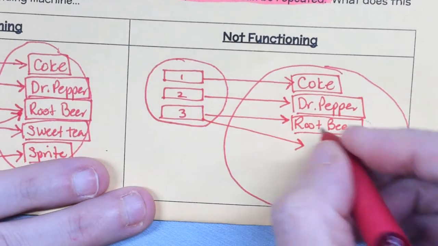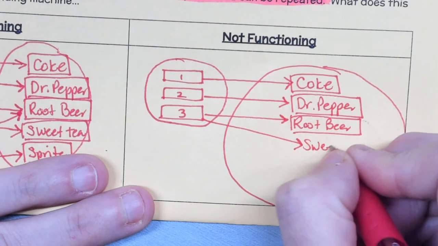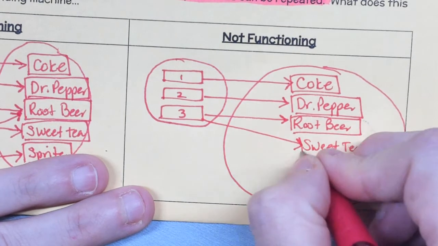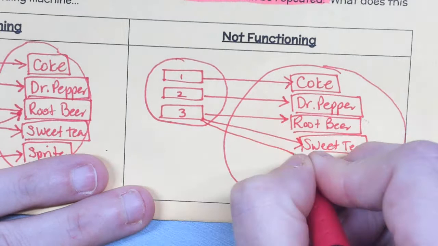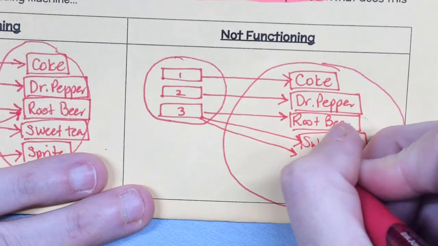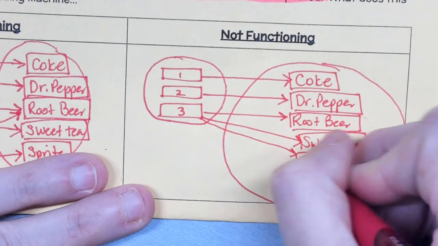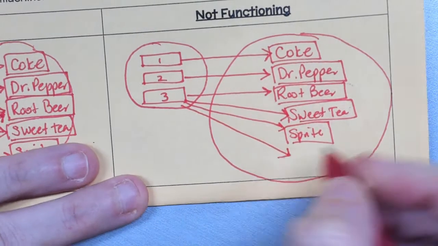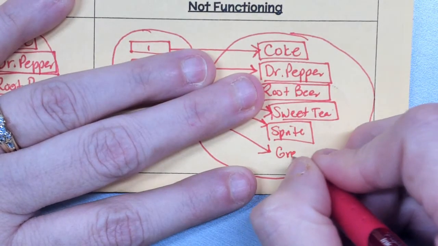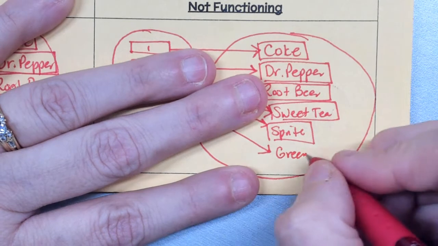Or sweet tea. Or Sprite. Or green beans. Green beans? It's canned. It could come out of the machine.